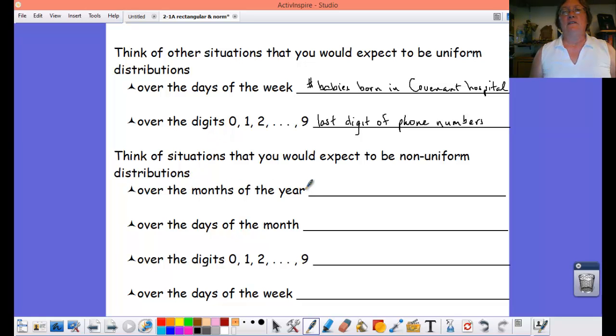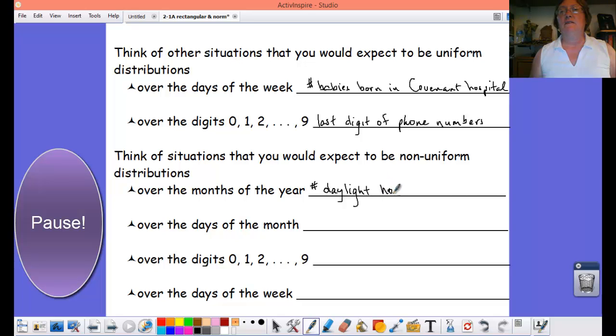Over the months of the year, the number of daylight hours is not uniform. That is, there are some months when it's higher, some when it's lower. And I want you to think about something over the days of the month, then over the digits, and over the days of the week. Okay, will you pause that video, please?